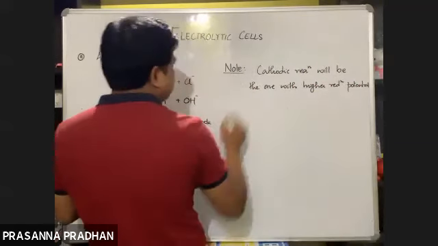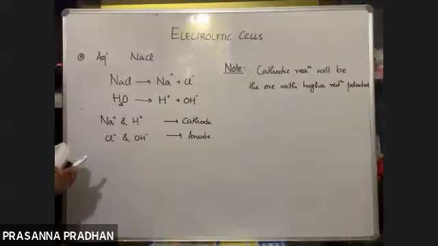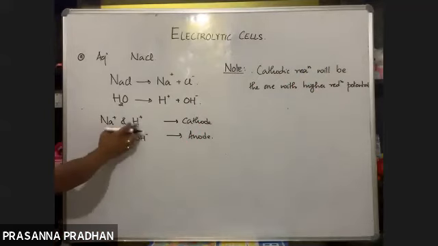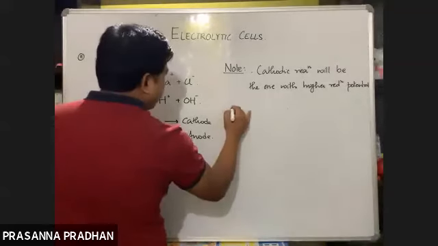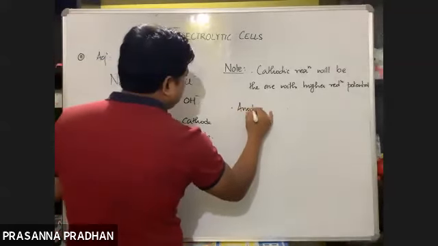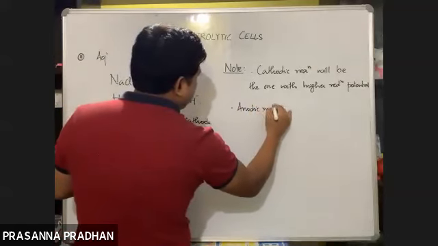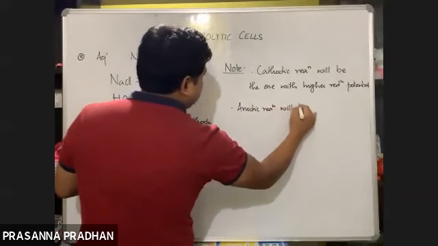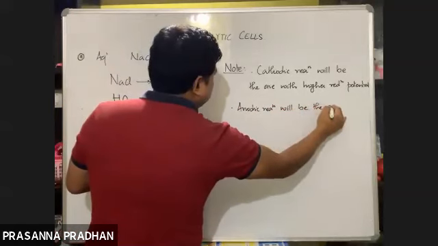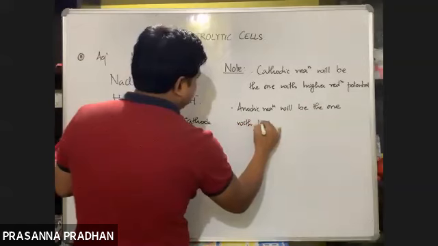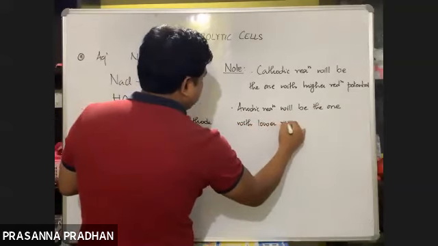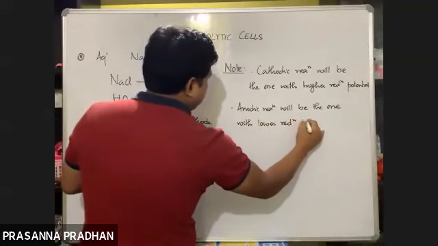That means out of Na positive and H positive, the one which has higher reduction potential is going to get deposited at the cathode. And similarly, the anodic reactions will be the one with lower reduction potential.